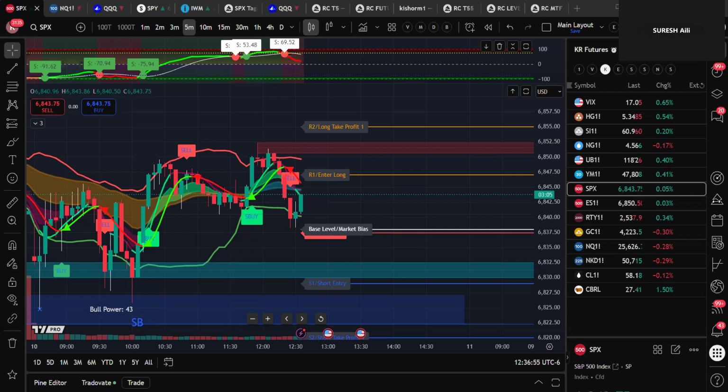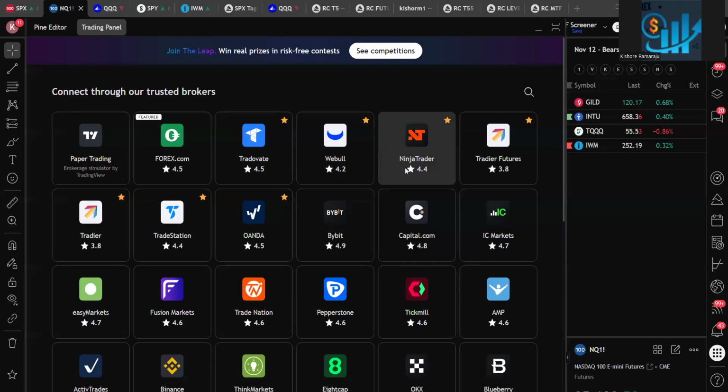Okay, sure. And one more question. I took an Apex evaluation. In TradingView, we can log in only with TraderWeight, right? I would like to log in with Apex. Then how should I do the trading with Elite? That's what I explained to you: you use NinjaTrader.